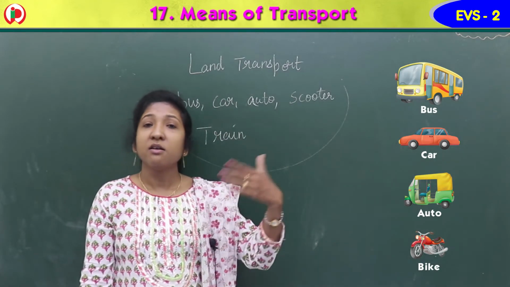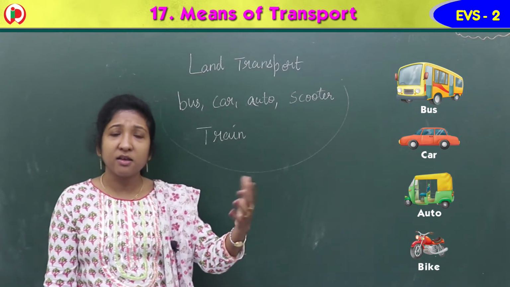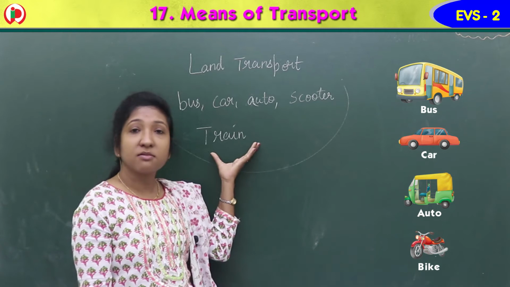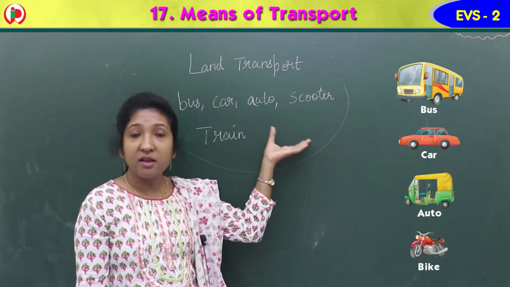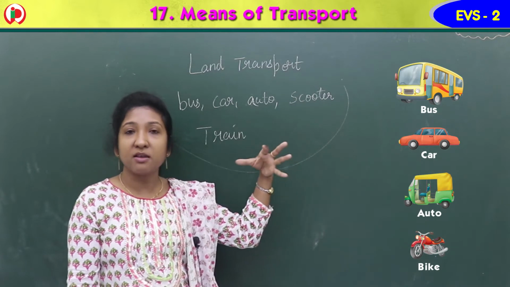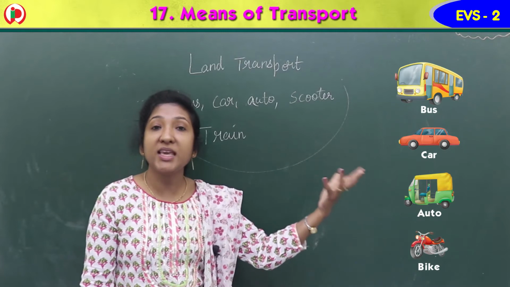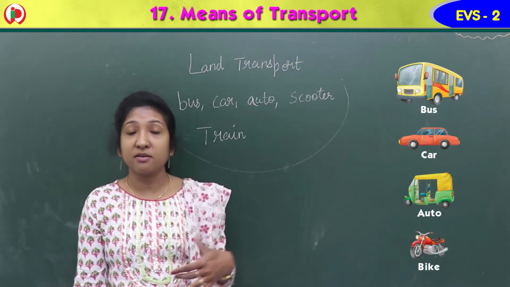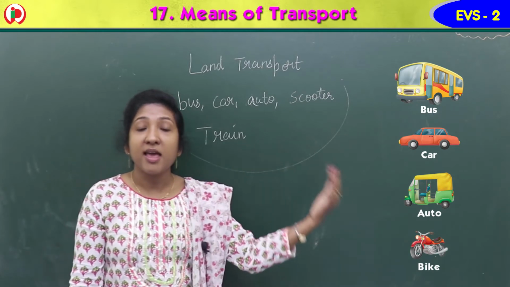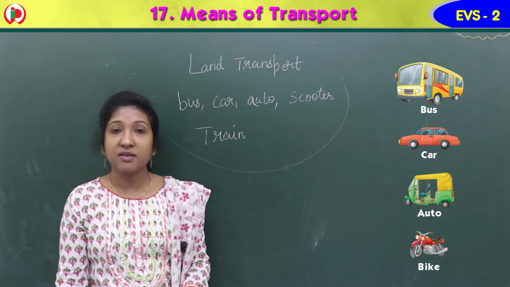Later, when the diesel engine was invented, the train came, then the wheel was invented. So like that, many vehicles came into being to help us. Now transportation became so easy for everyone to travel from one place to another. The wheel got invented, then the engine got invented. Now we have many vehicles, isn't it?